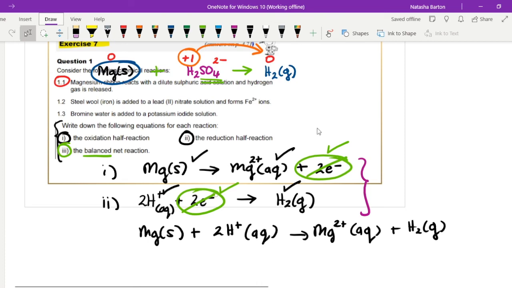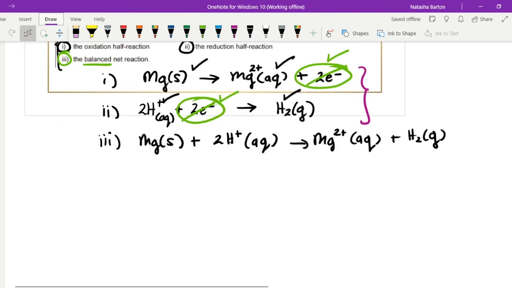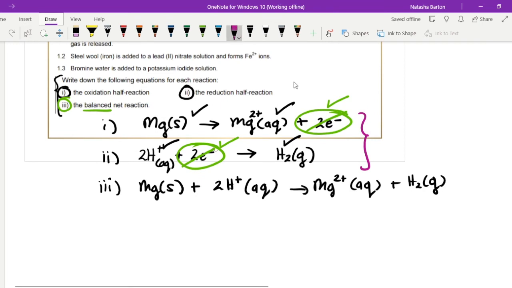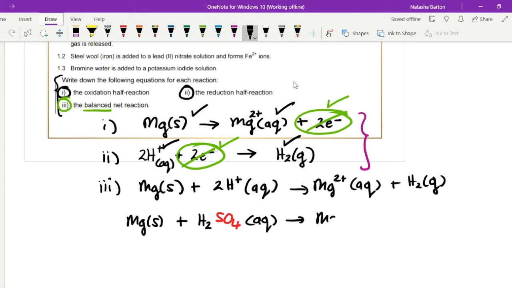Now just for sake, I want to show you how we would show the spectator ion. If our spectator ions were here, then we would say Mg solid plus, instead of 2 hydrogen, it's going to be H2SO4, that is aqueous, is going to go and form Mg that is bonded to the sulfate ions, plus, okay, so that's aqueous, plus H2 gas.